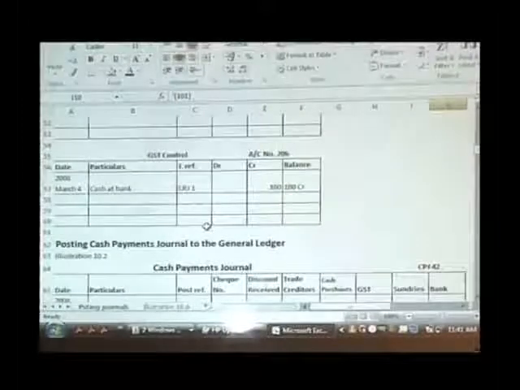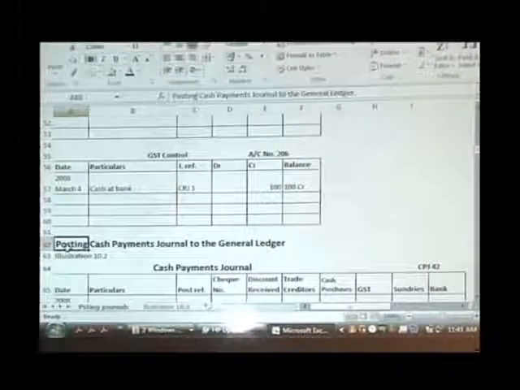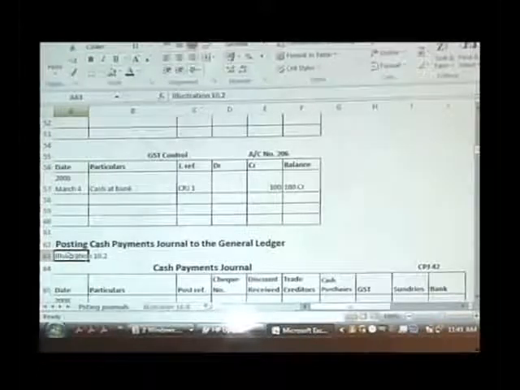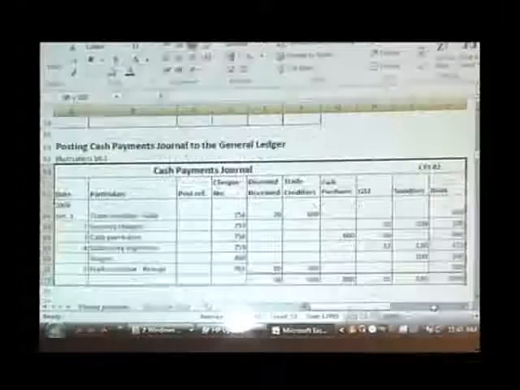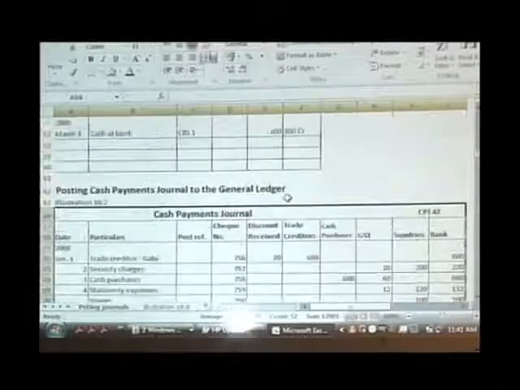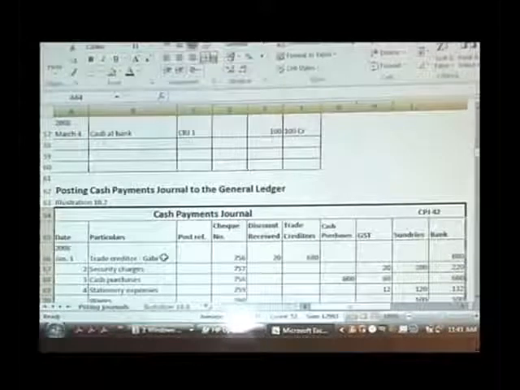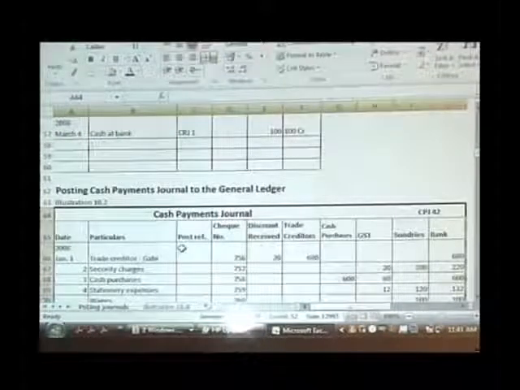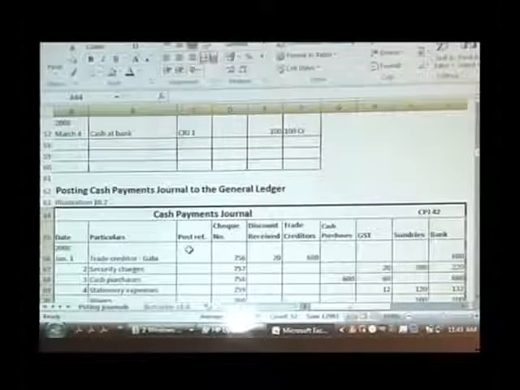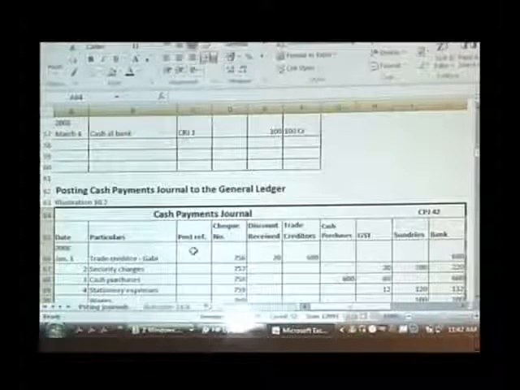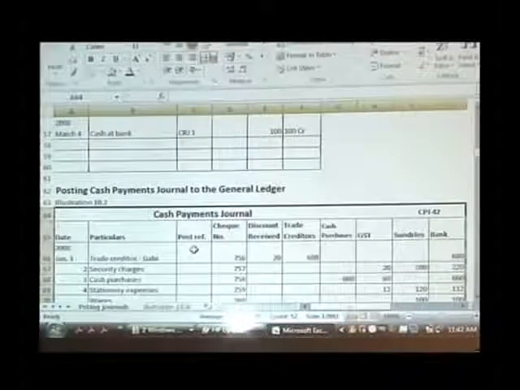All right, now next we'll move on to the next step, that is posting the cash payments journal to the general ledger. Turn to illustration 10.2 and you will find this journal, and also there is additional information, which includes balances of various accounts.